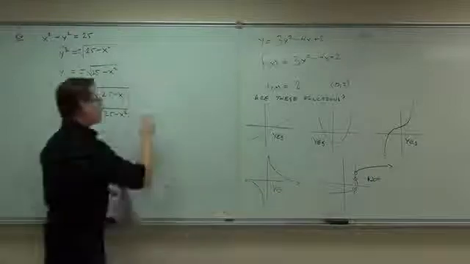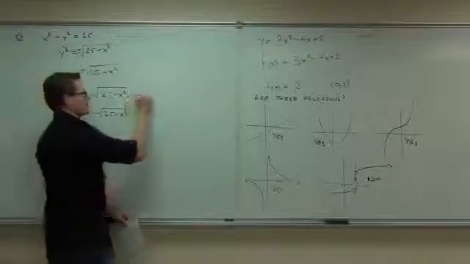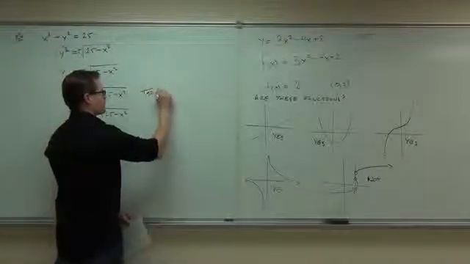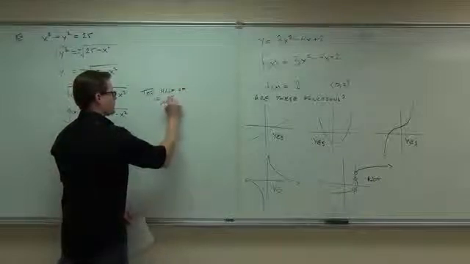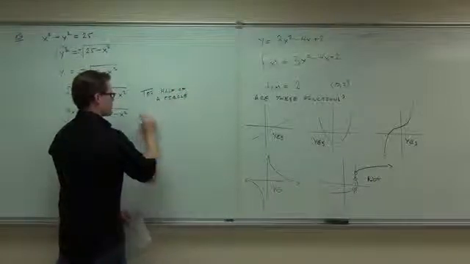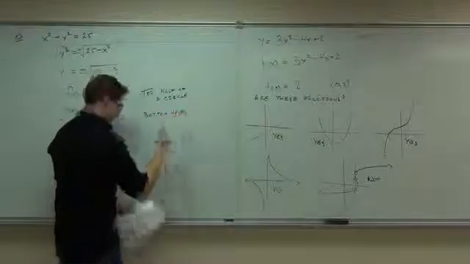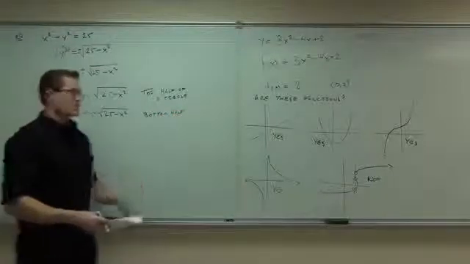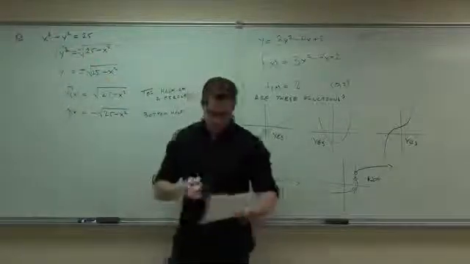What would this be, the top half or the bottom half of the circle? Top half, bottom half. Then we could talk about them. But altogether, when we look at that thing, certainly we don't have a function there.